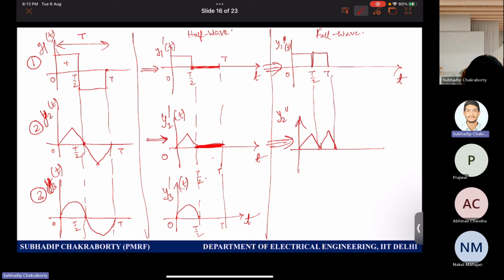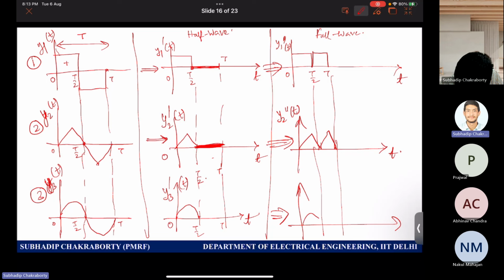So y2 double dash of t versus t. Then again 2 lobes of sine, with T by 2, 0 and T. This is y3 double dash of t. Now you need to determine the RMS and average value of these 6 signals. 1, 2, 3, 4, 5, 6.